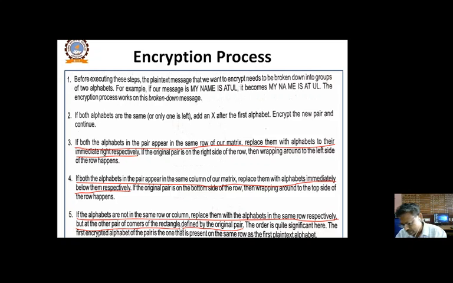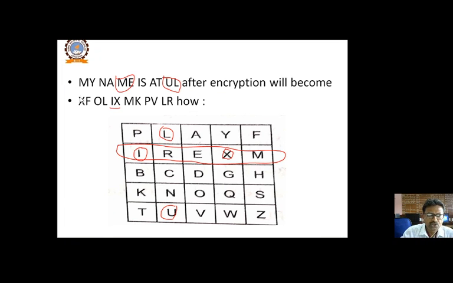Now let us take an example. Let us take an example of MY. Where M and Y are: M is in the fifth column and Y is in the fourth column, M is in the second row and Y is in the first row. So it means different row and different column.